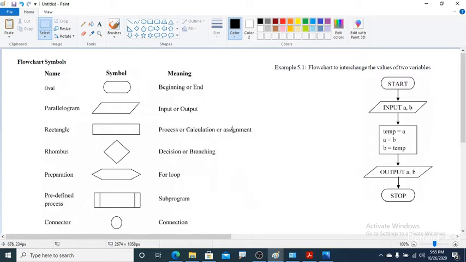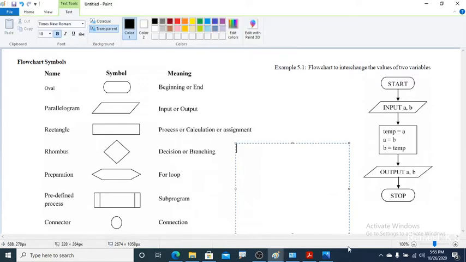Okay, let us discuss. The first one is the flowchart. What do you mean by flowchart?